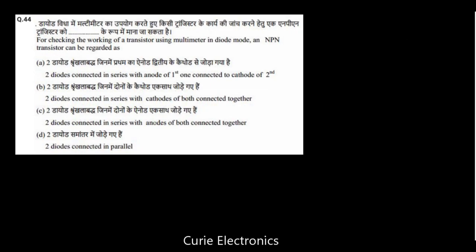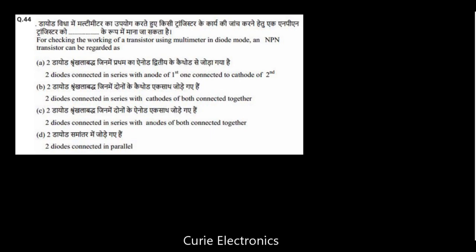Question number 44. For checking the working of a transistor using a multimeter in diode mode, an NPN transistor can be regarded as. How do we check a transistor? We check for the diode action. So our transistor is NPN.